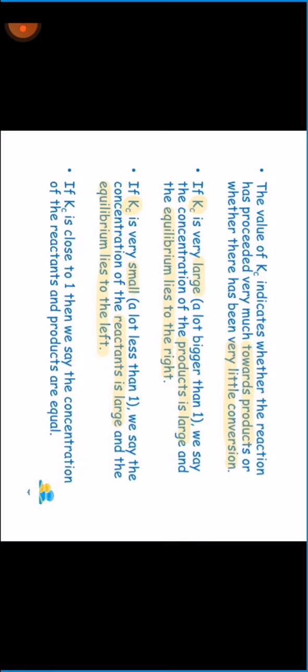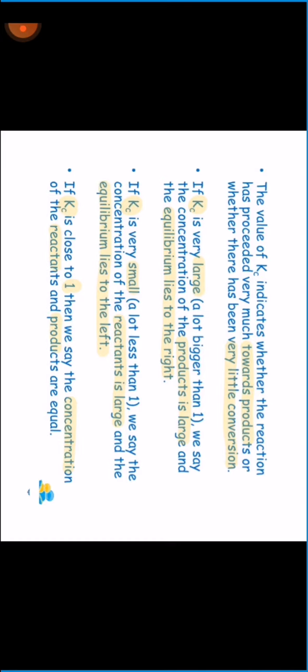If the Kc value is very small, less than 1, the concentration of the reactants is large and equilibrium lies to the left, meaning that the backward reaction is favoured.